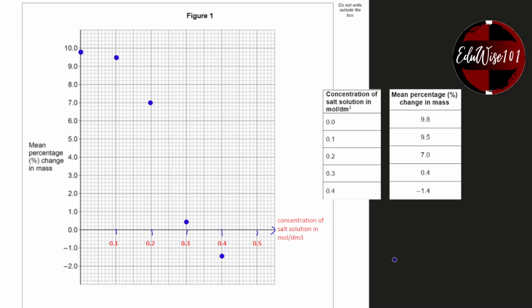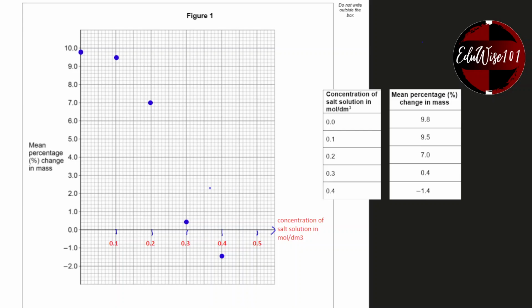The final part is actually to draw a line of best fit. Doing a line of best fit on this is going to be a bit tricky, but let me see if I can do that. It has to be a smooth line of best fit. It's not going to be a straight line because, although these three may look as if they fall on a straight line, it looks like it's going to be a curve like that.